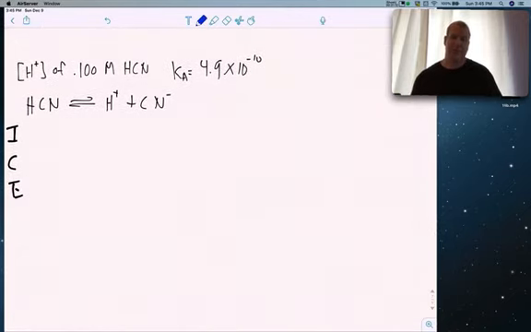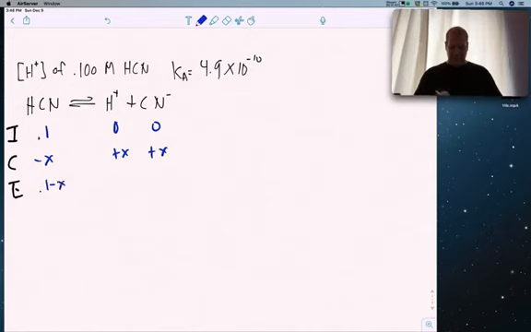So if you recall, in the previous chapter we talked a bit about equilibrium. So we are going to use equilibrium to solve some problems. What is the hydrogen ion concentration of a 0.1 molar hydrogen cyanide solution? The Ka of hydrogen cyanide is 4.9 times 10 to the minus 10. So we do this as an equilibrium. 0.100, we shift right, minus x, plus x, plus x.